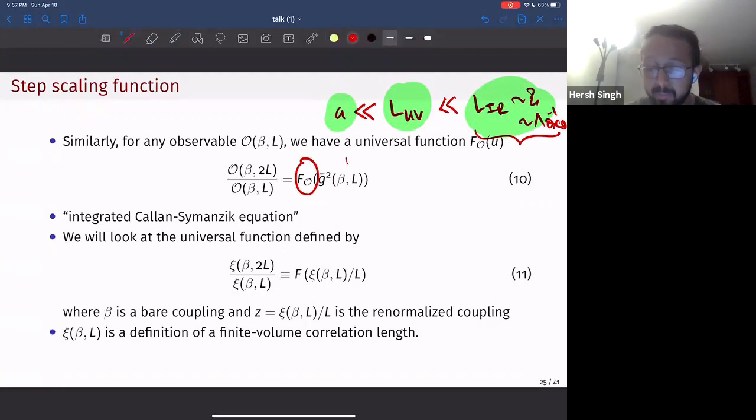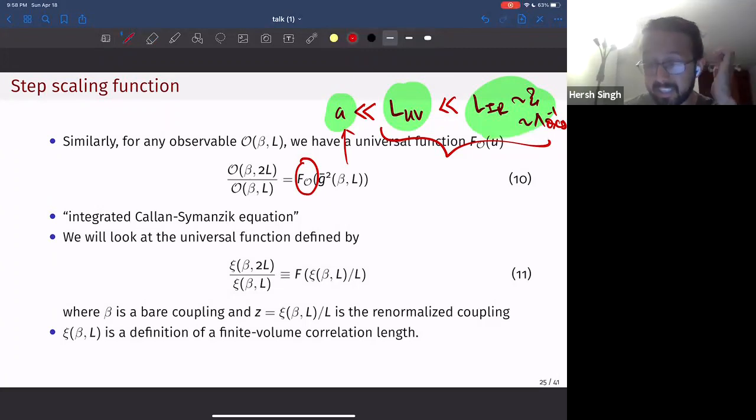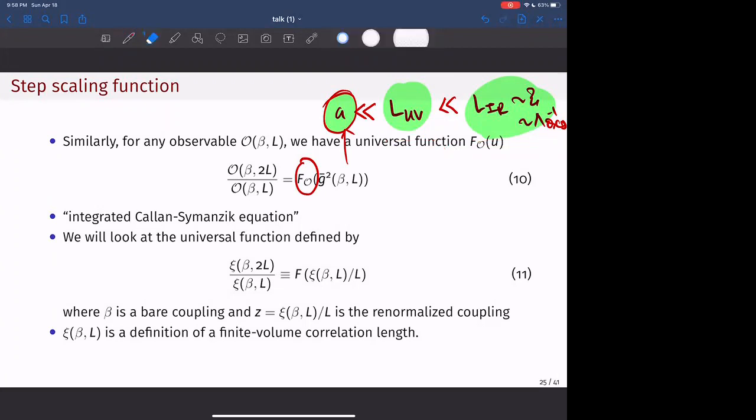So with respect to the lattice cutoff, everything else is IR. I understand that, and I also understand that L_UV would probably be controlling the irrelevant deformations you were mentioning. No, the irrelevant deformations I'm mentioning are actually this lattice spacing. So at L_UV, this entire region is supposed to be universal.